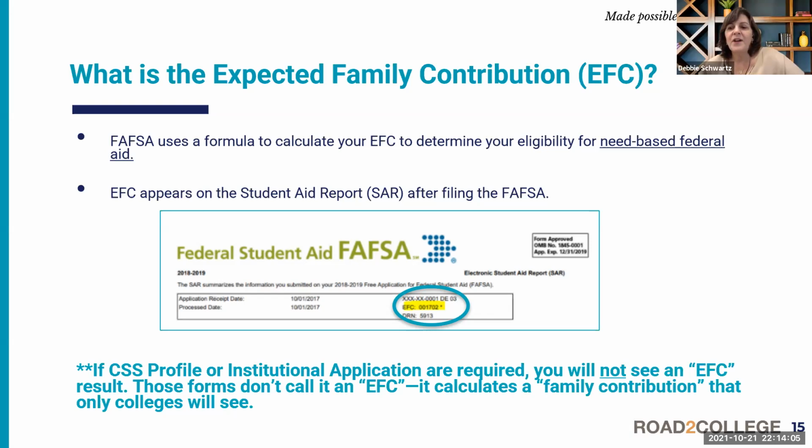So how can somebody find out if they do want to know? You could ask the school, but honestly, the contribution is essentially whatever your cost is on your award letter minus the financial aid they offered you. That's really the family contribution they're asking you to pay, based on the averages used in the cost of attendance.